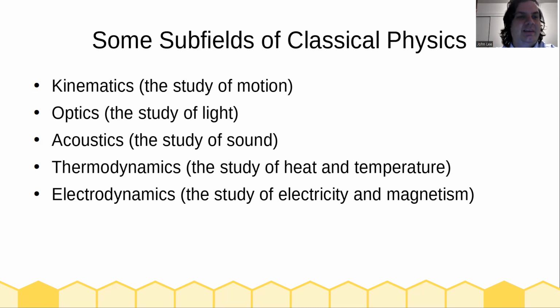As well as that, he also studied optics, which is the study of light, and that has led to a surprising amount of information about electromagnetism and general relativity eventually.